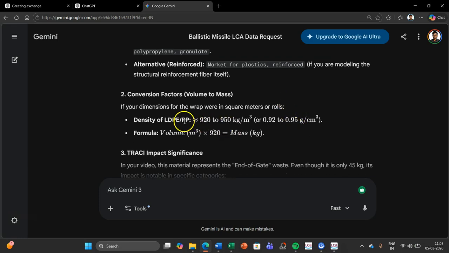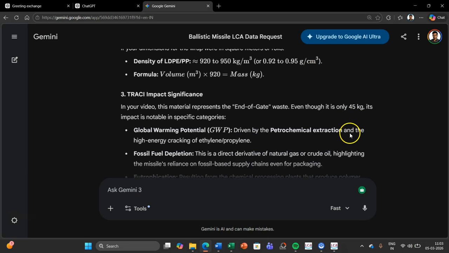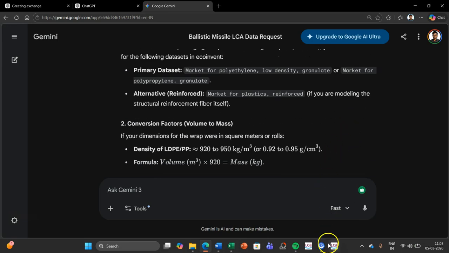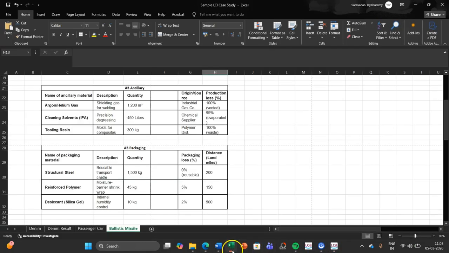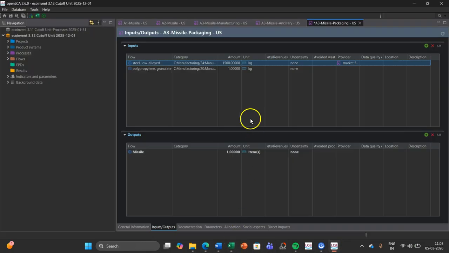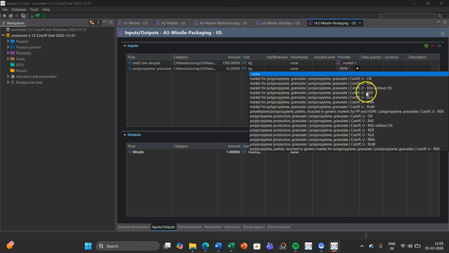In case of polyethylene, you should use LDPE. Okay, nice. The value here is 45 kg. Okay, US data, no US data. So let us use rest of the world.